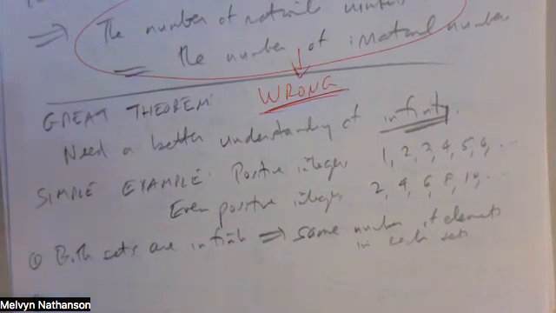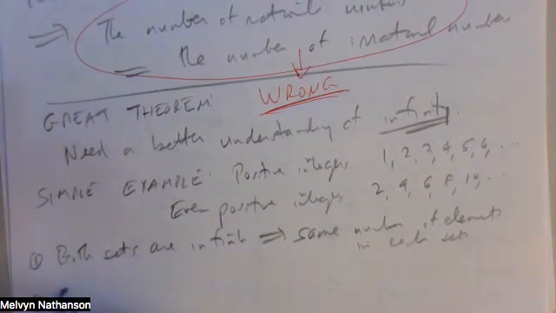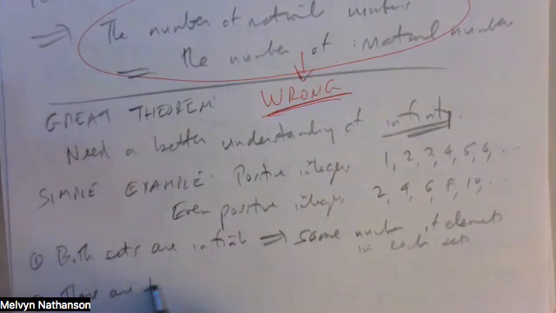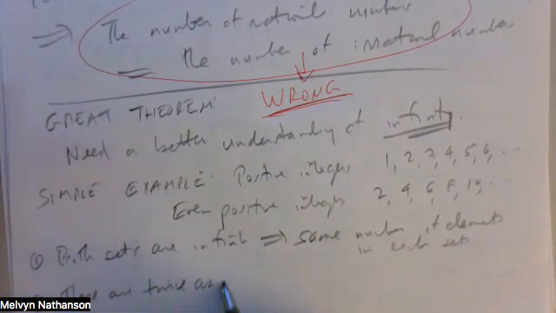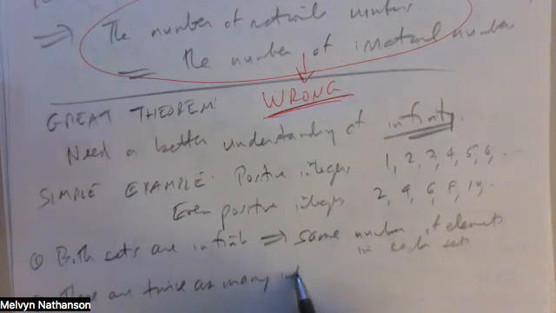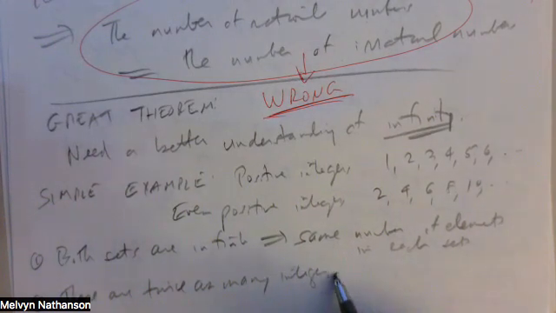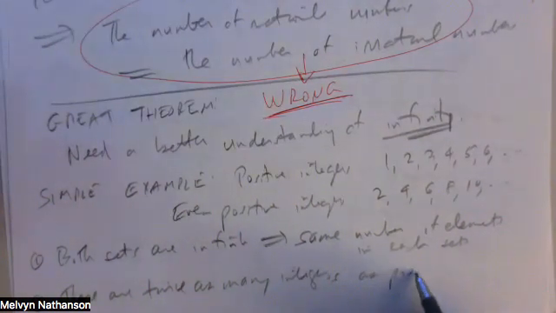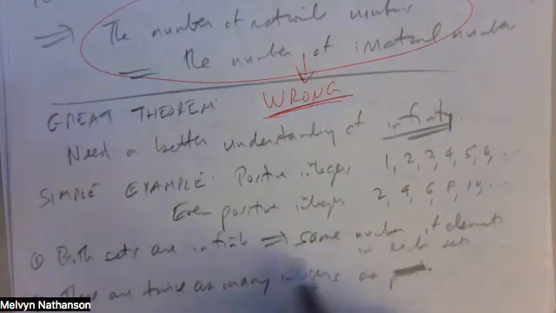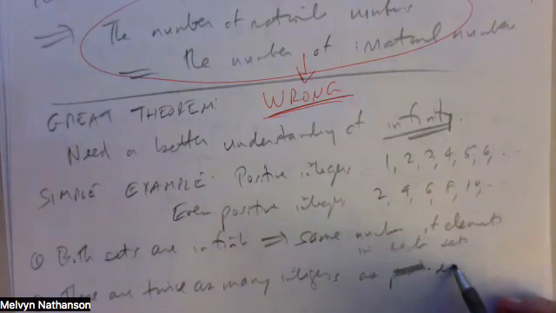Alternatively, you could say there are twice as many positive integers as even positive integers.